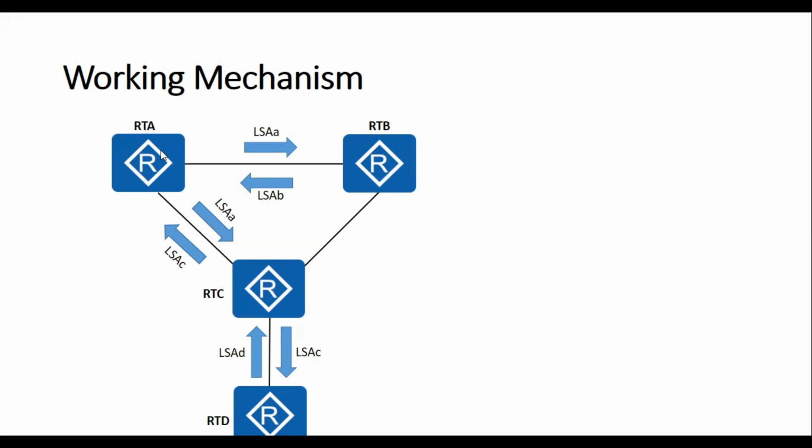And also router A, when sending a link state advertisement to router B, will include the link state advertisement it received from router D. This is what is called link state information flooding. It is flooded because the link state information from router B will finally reach router C through router A.